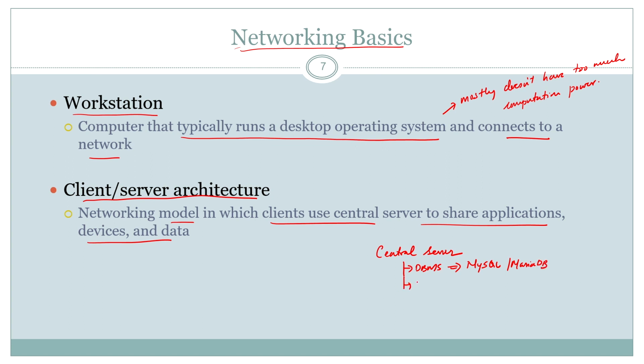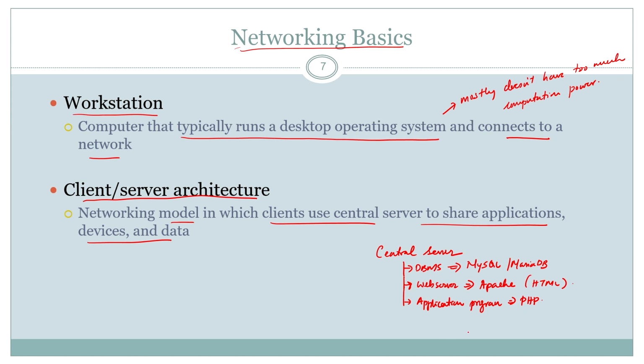It has a web server, in our case Apache. We also have what we call an application program, in our case PHP, and Apache also provides HTML capabilities as part of it.